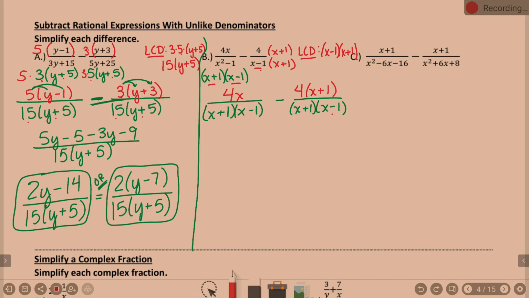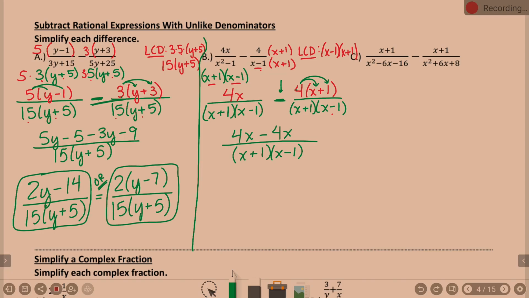Okay. Put it together. X plus 1 times x minus 1. First fraction is 4x. Second fraction. Okay. We need to distribute the 4, and what do we need to remember? It's a minus, right? So I would think of this as a minus 4. So if I do minus 4 times x, this is the easy one to get, minus 4x. What's the catch?